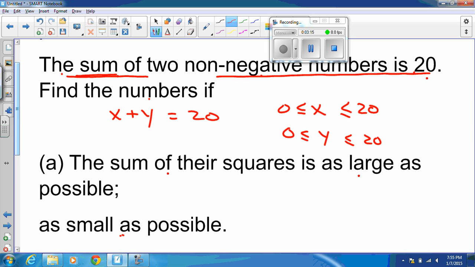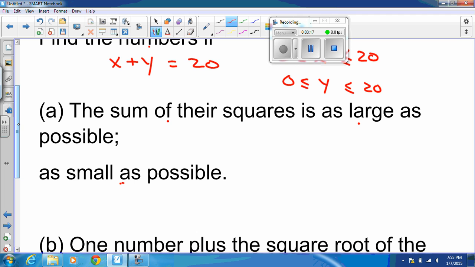Now we're supposed to find those numbers if the sum of their squares is as large as possible. As large as possible is a key word that means maximum. We're looking for the absolute maximum.